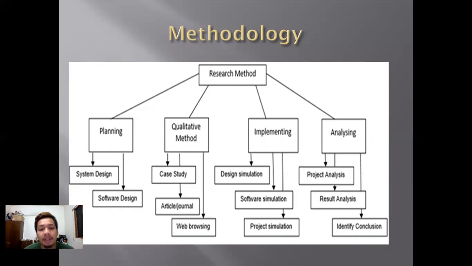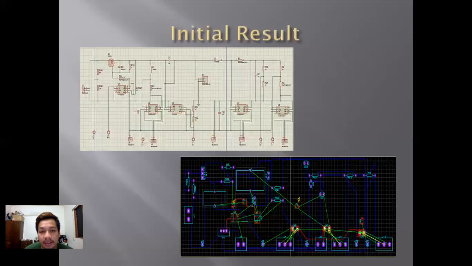And then the qualitative method, for case study, and searching for articles and journals, also web browsing for input. Then implementing the design, software simulation, project simulation, and finally analyzing, result analysis, and identifying the conclusion. So this is the research method that I use for this project.